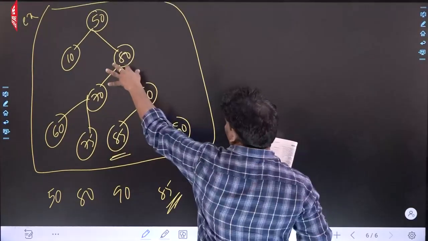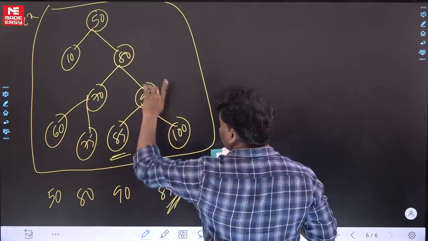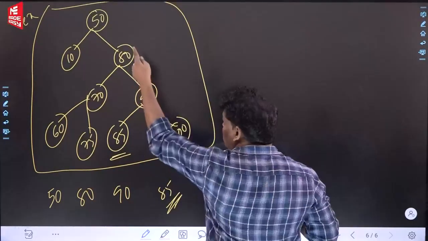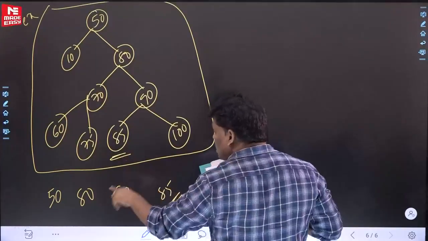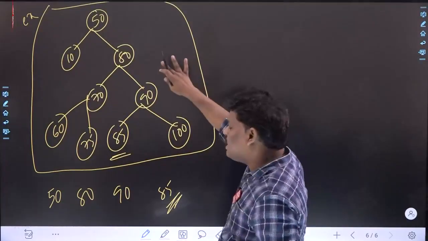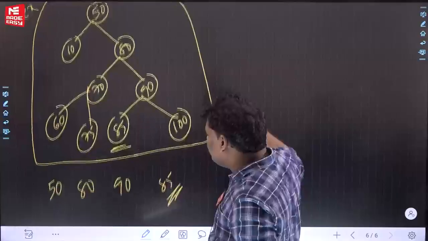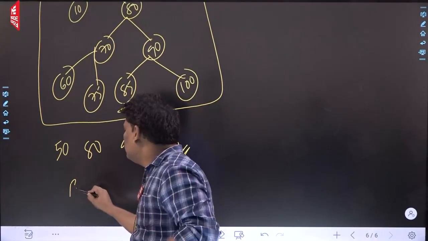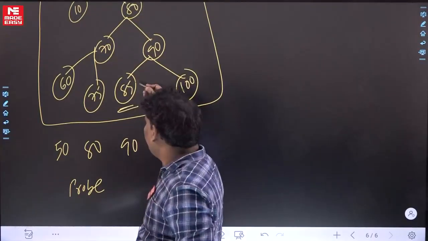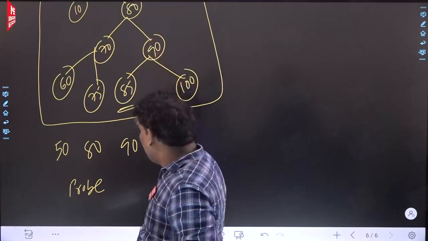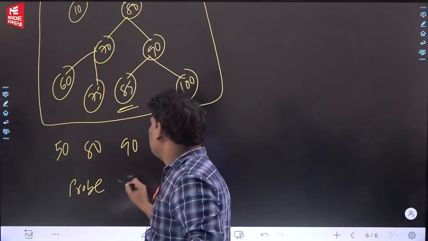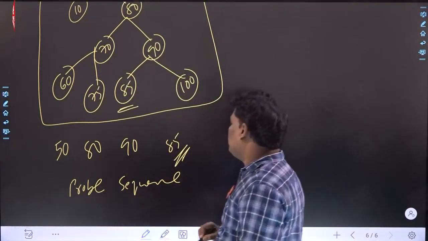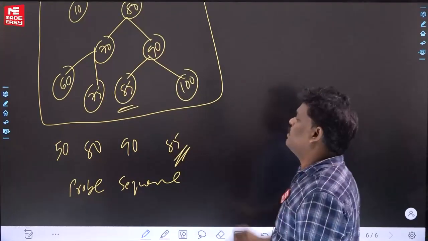In this BST, to find out element 85, what are the elements you visited? 50, 80, 90, 85. These are the elements which I visited. This is called probe sequence.